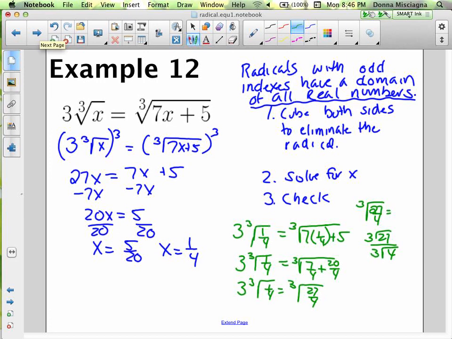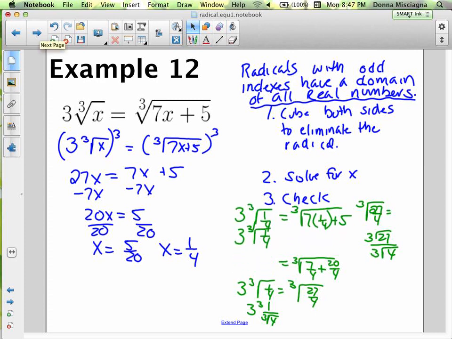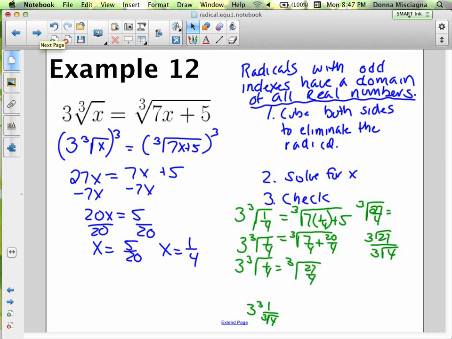And actually, I am going to rewrite this one a little bit. So I have 3 times the cube root of, so the cube root of 1 is 1. And then we just have it in the denominator there. So I could rewrite that. Look how my writing goes from big to small. Just want to make sure that you get why this is actually going to check out.